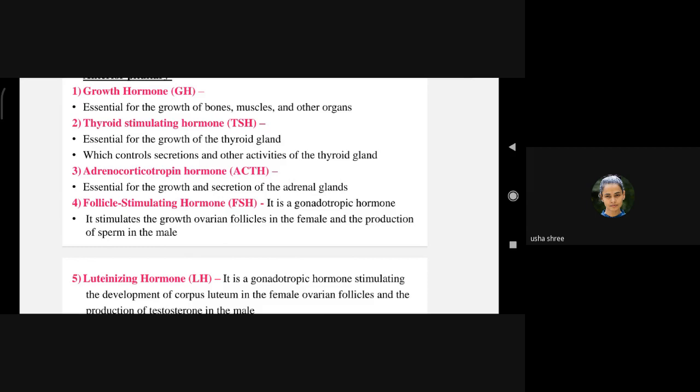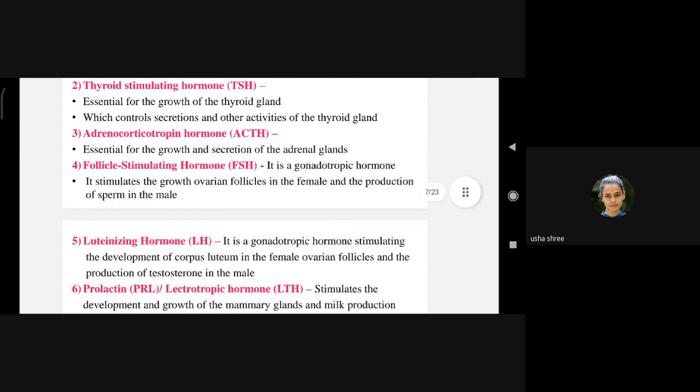So what is the function of FSH or follicle stimulating hormone? In female, growth of follicles of ovary is getting stimulated, and in male, production of sperm is getting stimulated due to follicle stimulating hormone.